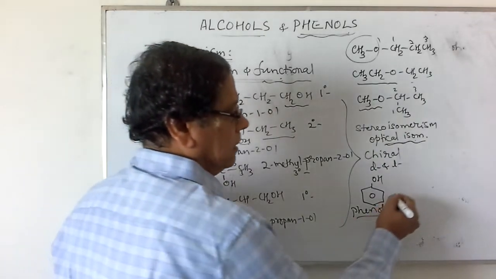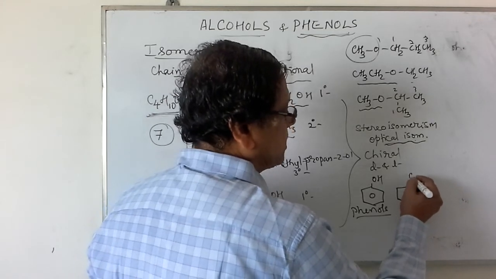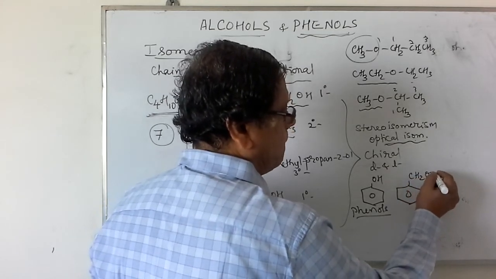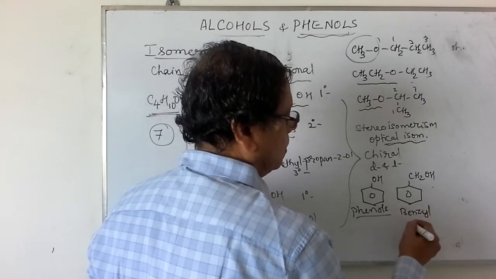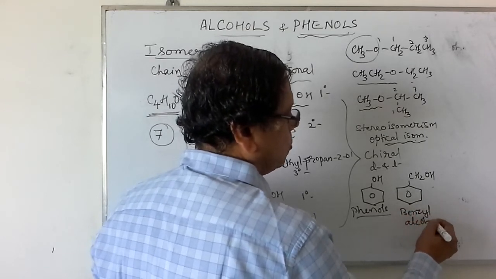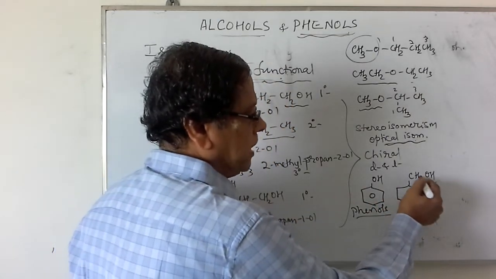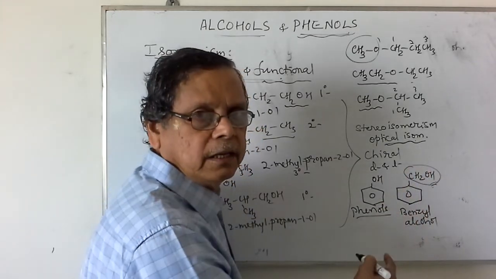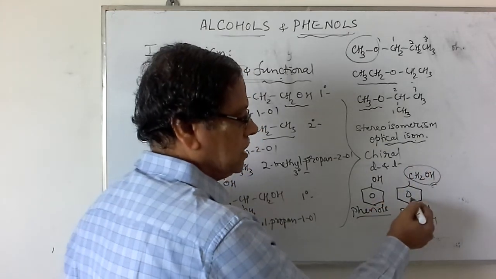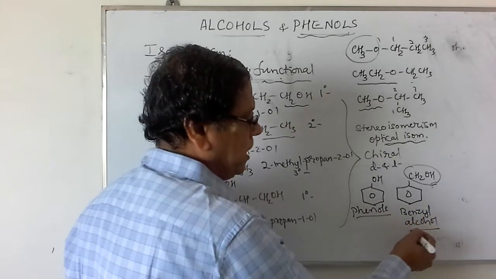But if I write the same aromatic system and in the side chain I write the hydroxy group, then this is named benzyl alcohol. So this is an alcohol, not a phenol, because the OH group is attached to an aliphatic carbon atom present as the side chain. That's why these are different compounds altogether. Benzyl alcohol.